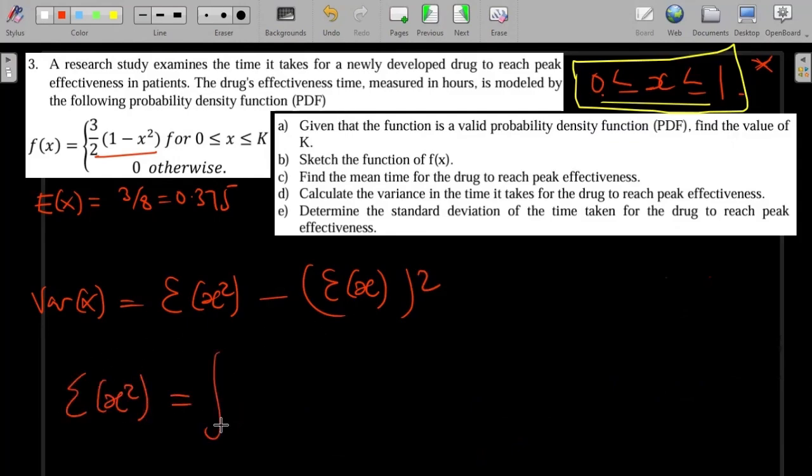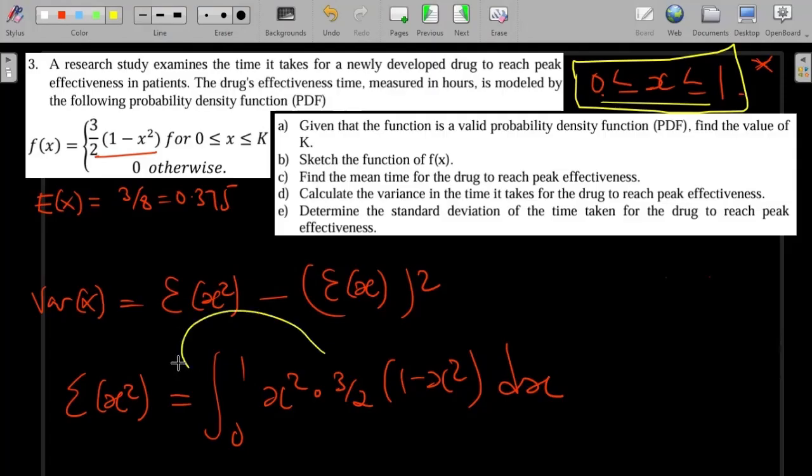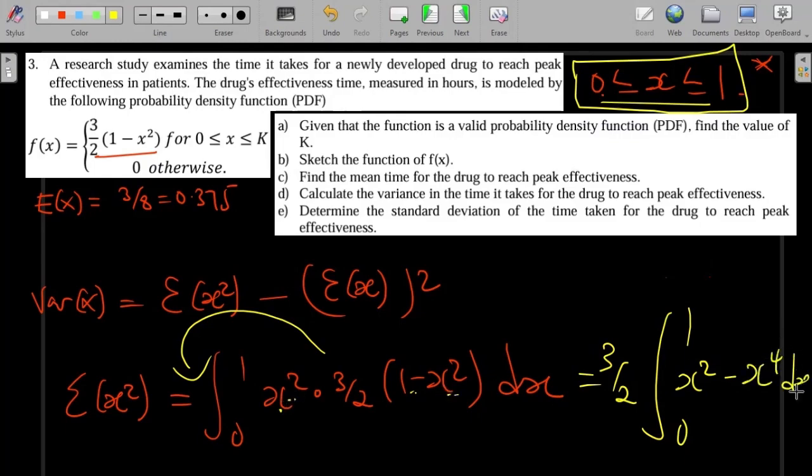This will be the integral from 0 to 1 of x squared multiplied by 3/2 and then (1 minus x squared) dx. So let's take the constant out. So we have 3/2, the integral from 0 to 1 of x squared multiplied by 1, which is x squared, minus x squared multiplied by x squared, which is x to the power 4, dx. So this is what we have.